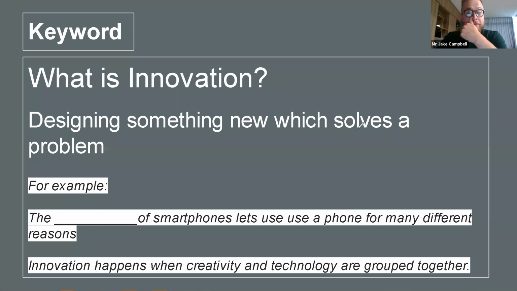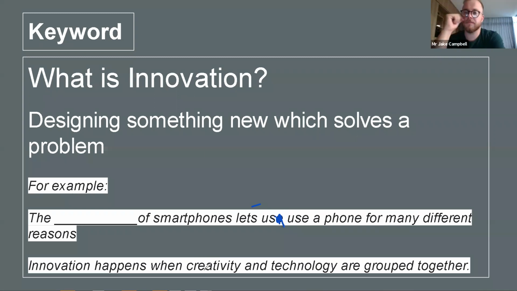Okay, and the first one, Anmin, can you finish the first sentence for me and say the word you think will finish the sentence? The blank of smartphones lets you use. All right, that should be let us use a phone for many different reasons.